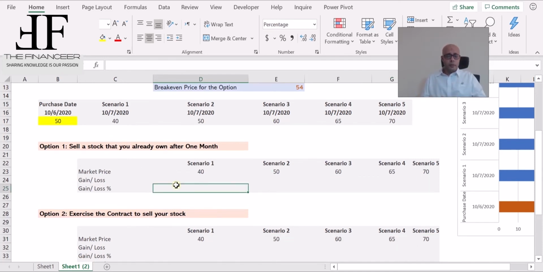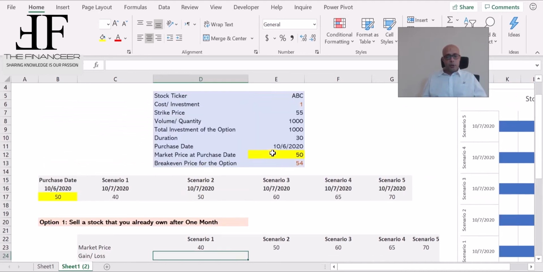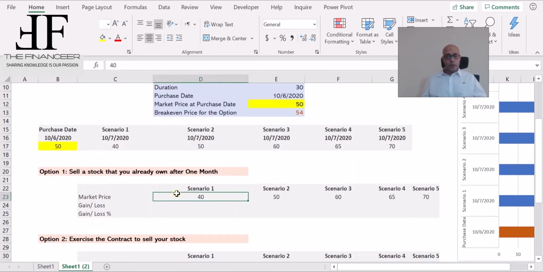Now let's start with the first option, which is the traditional way of doing the investment on stock, which is purchasing from the market and selling in the market without signing any put option, without even understanding the derivatives. Okay, so now assume that you purchased the stock from the market at $50, and now you are going to sell it based on the first scenario. The market price is 40.